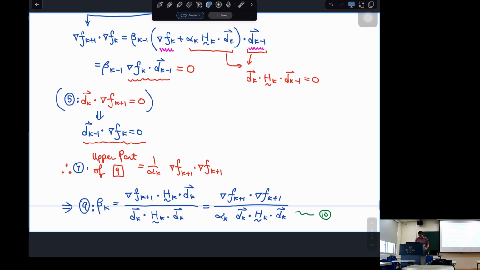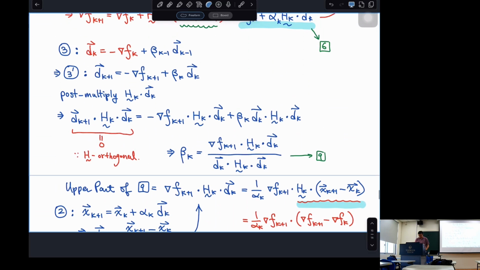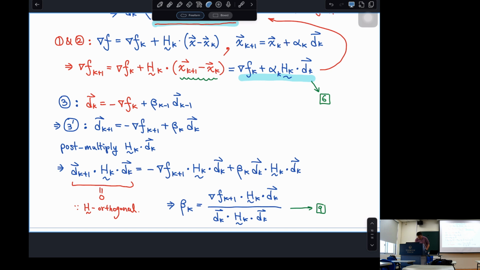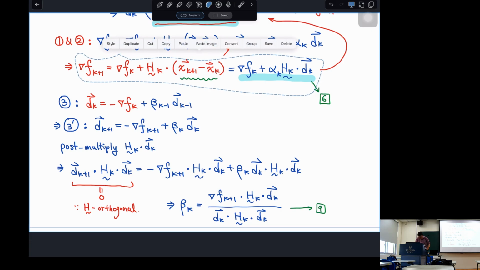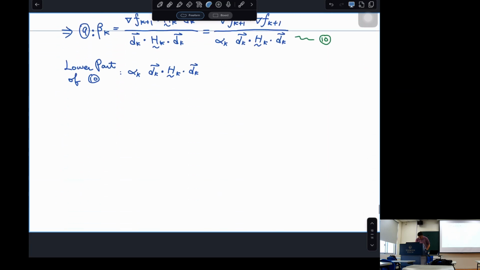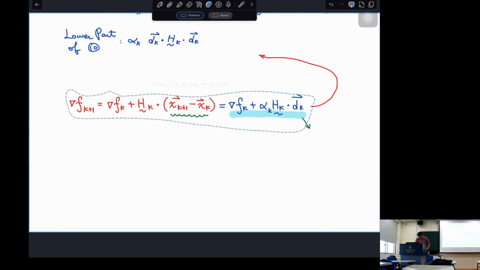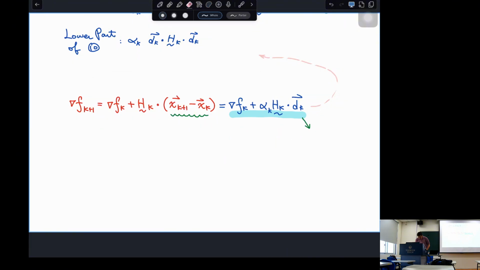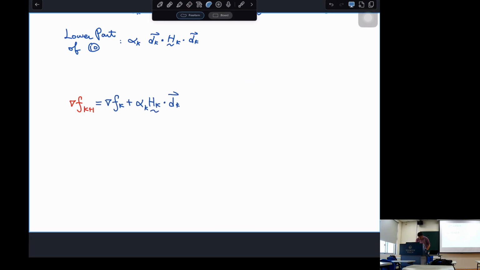So let's find out what equation 6 looks like. This was equation 6.